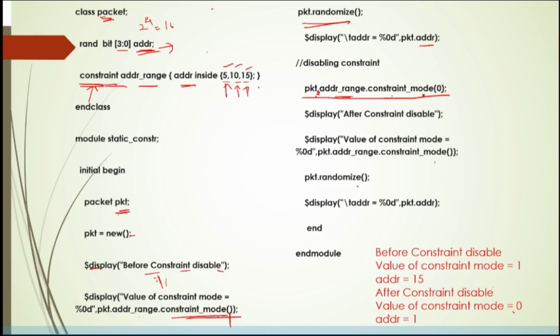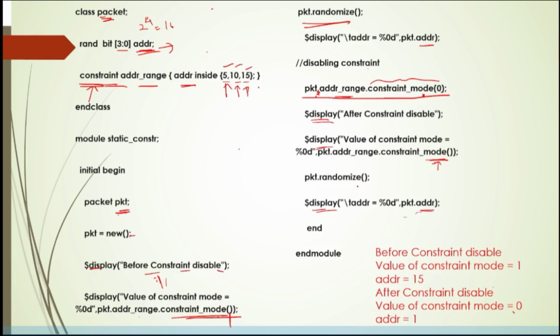So you give that function which is constraint mode 0. This is how basically you will do it. After this you will display the constraint mode after disabling, to see what it is in this mode, and then you will display packet.address.